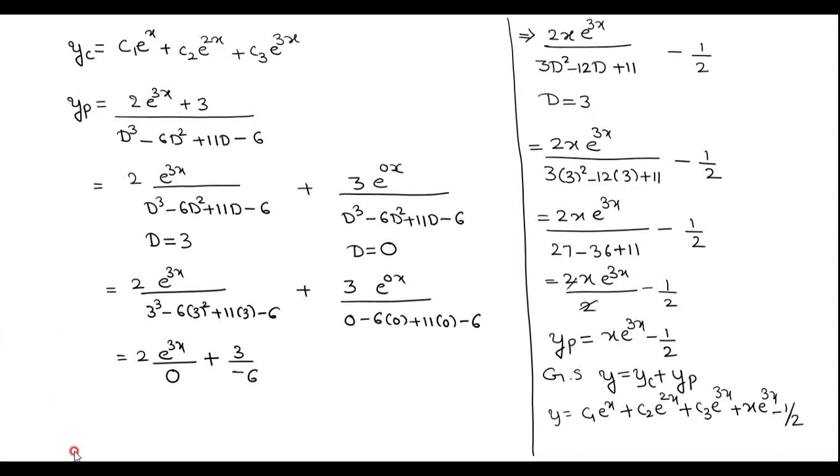So here in this problem we learned that if after substituting d is equal to a, the denominator reduces to 0, then we need to differentiate the differential equation and take x in the numerator. And suppose that after substitution also, if we get again 0, then this procedure will be repeated.